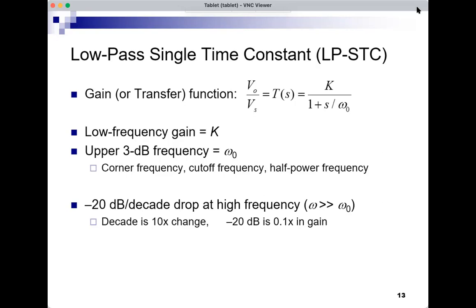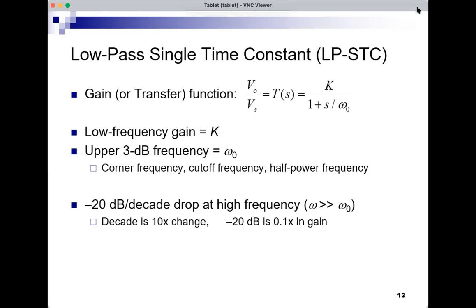The -20 dB per decade tells me that if the frequency increased from 5 to 50 million radians per second, the gain will drop by also a factor of 10. And if it was 80 volt per volt at 5 million radians per second, at 50 million, it will become 80 divided by 10, 8 volt per volt.